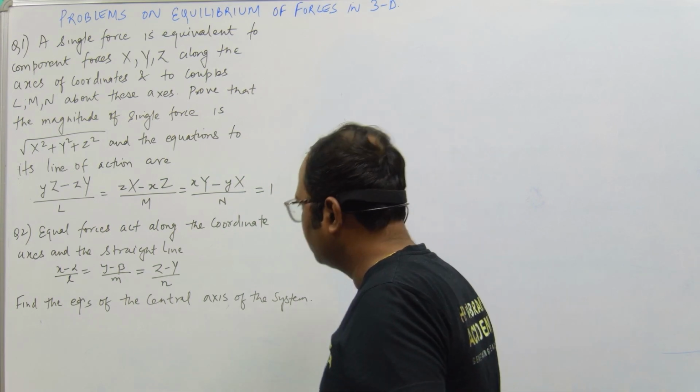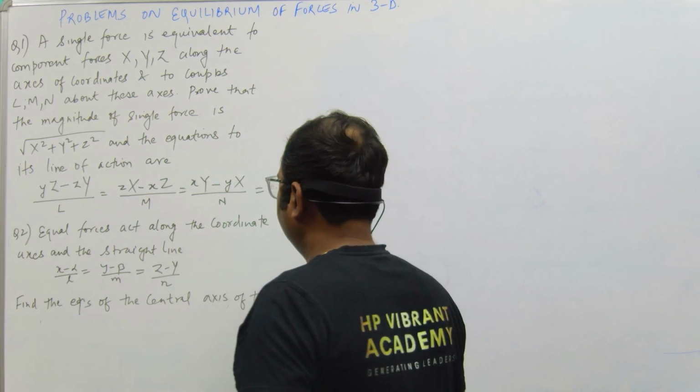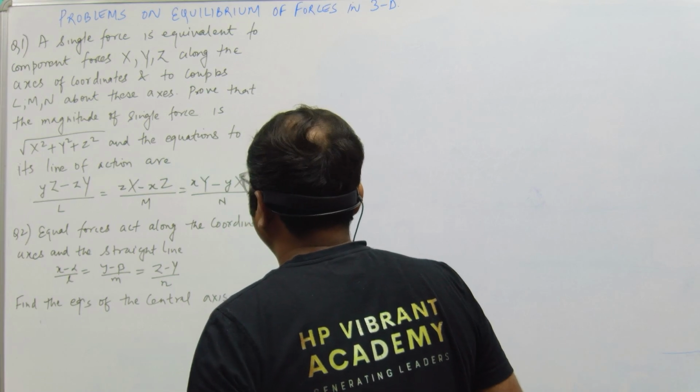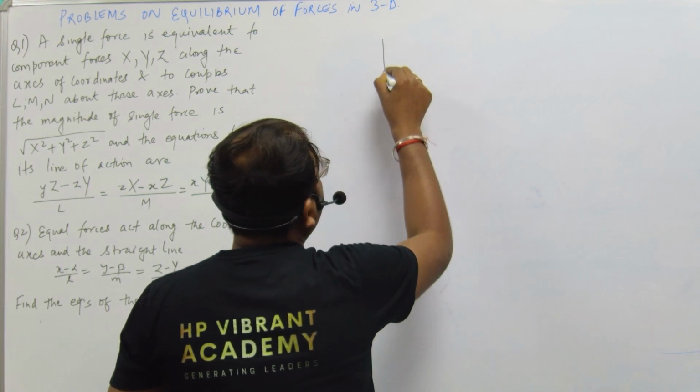Let us draw the diagram first. We have equal forces acting along the coordinate axes. So we have the coordinate axes like this.